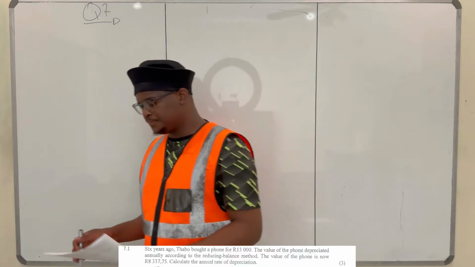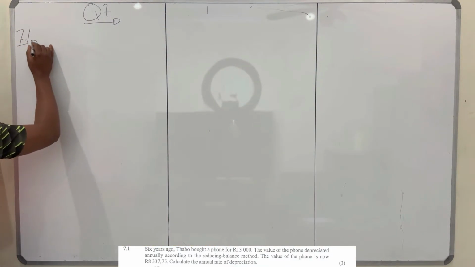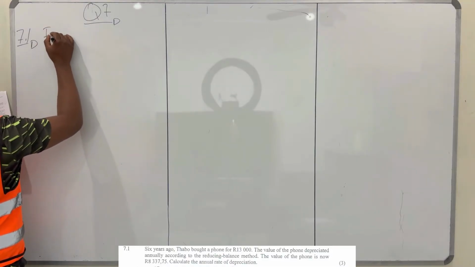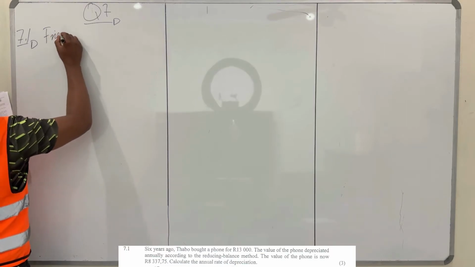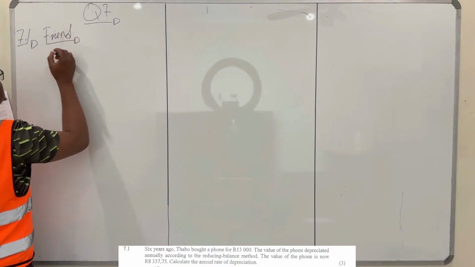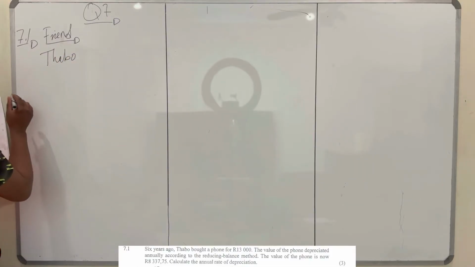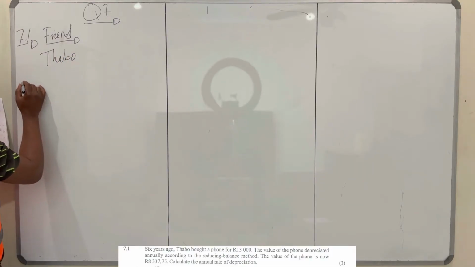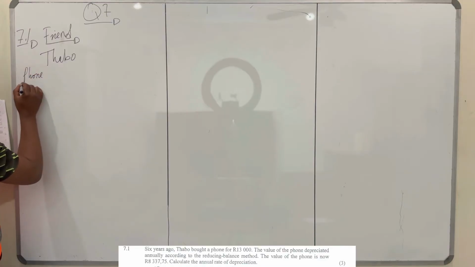So what are they saying? They say at 7.1, we have a friend, and his name is Tabo. So Tabo bought a phone. For how much?